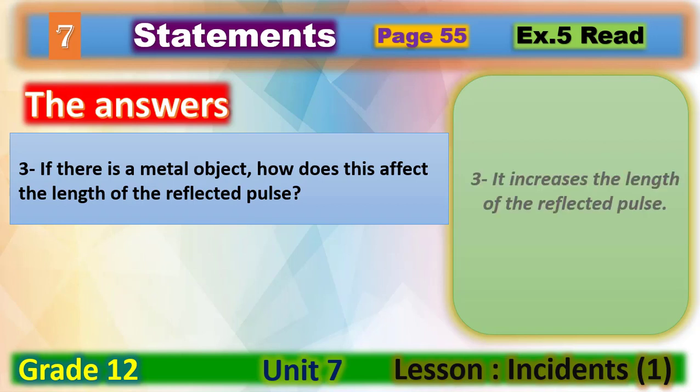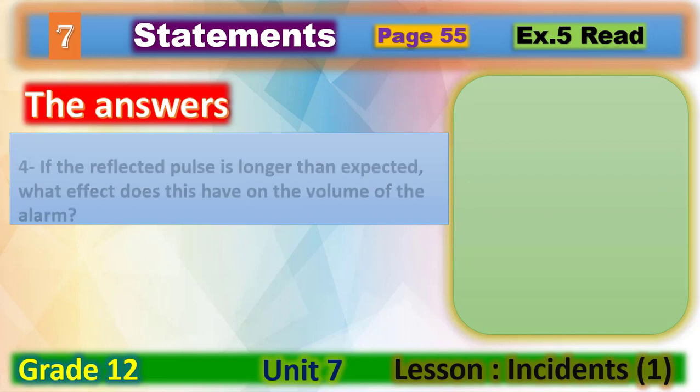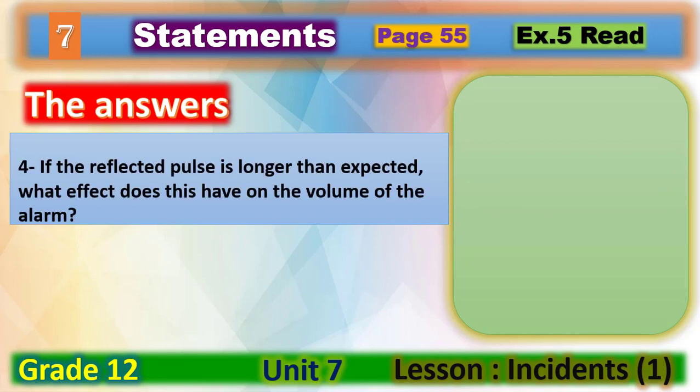It increases the length of the reflected pulse. Great. Number 4. If the reflected pulse is longer than expected, what effect does this have on the volume of the alarm? It increases the volume.